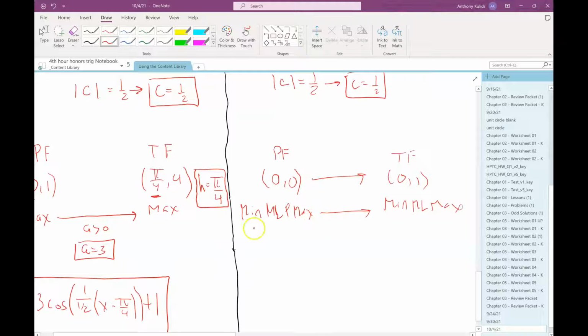So here, it's the same order. So it tells me the A is positive. And since the x-coordinate on the parent function is 0, the x-coordinate for my transform function gives me h. And that's everything I needed.